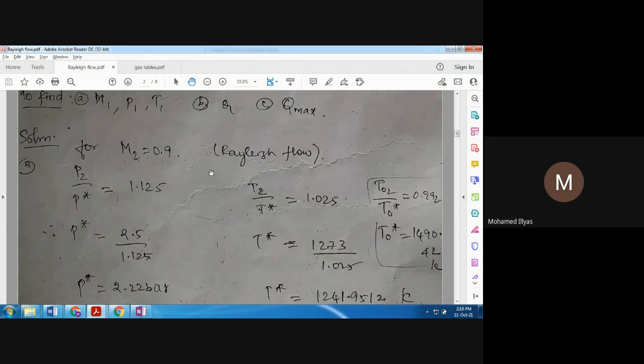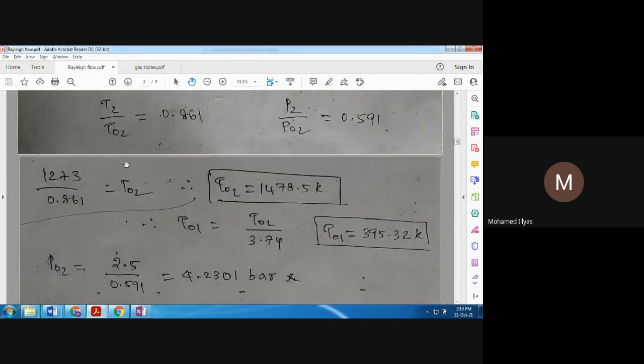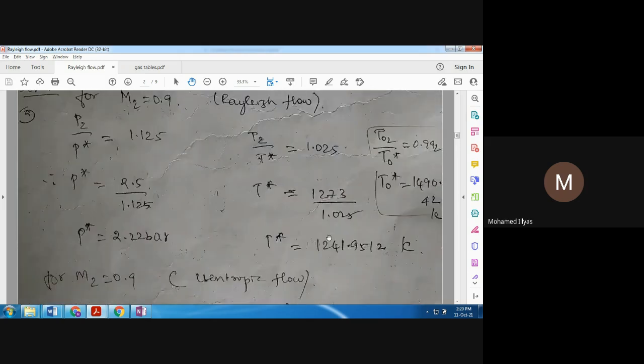We are going to use this ratio T02 by T01. We have calculated T02 here, so by using that ratio we can get T01. In that way we have proceeded with this problem. We have calculated T02 as 1478.5. By using the ratio of T02 by T01, 3.74, we have substituted T02 as 1478.5, and we got T01 as 395.32.